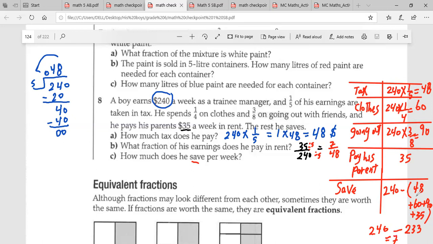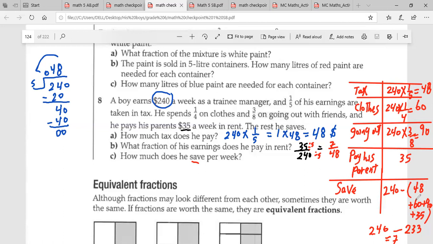Again, 48 plus 60 plus 90 plus 35, add them, we get 233. We subtract 240 minus 233, you get the answer: 7. Yes, we get 7.